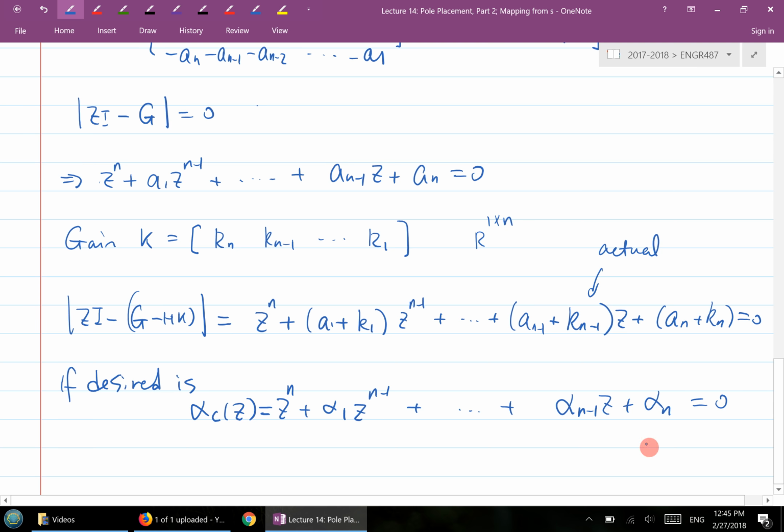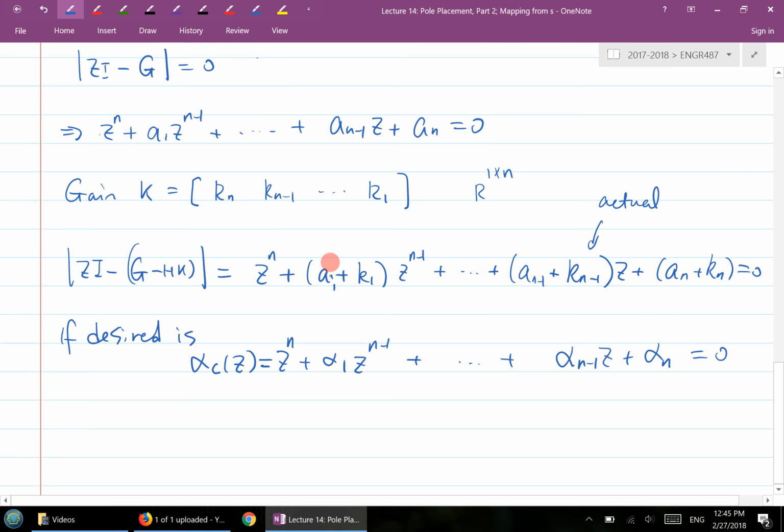So now you see this is desired, this is actual here. Then you need the actual to be the same as the desired, isn't it? So you need the coefficients to be the same. That is quite easy now. You need this coefficient to be this, that coefficient to be this.